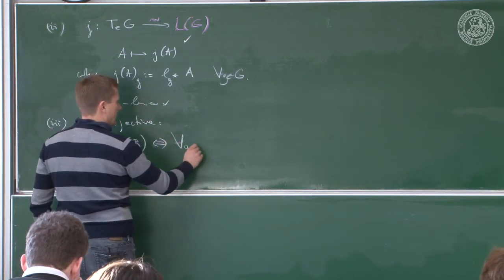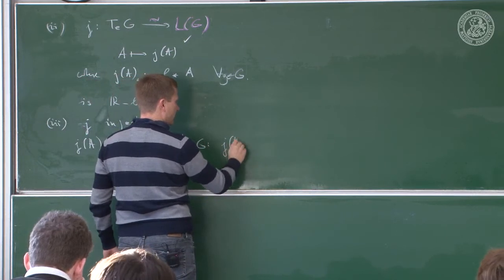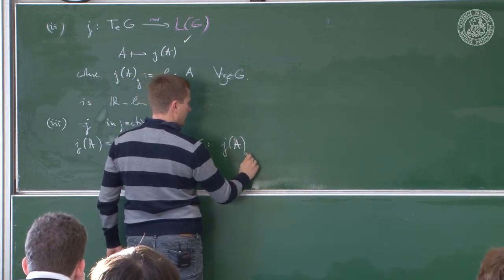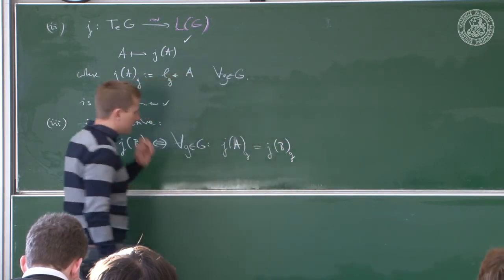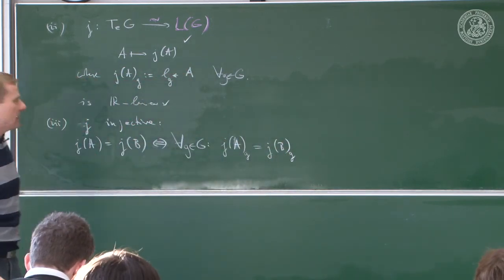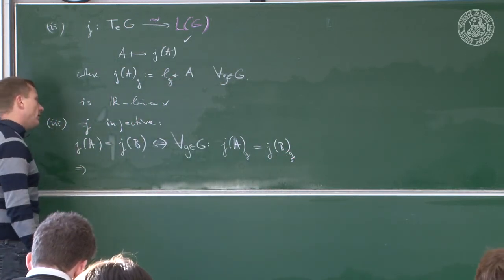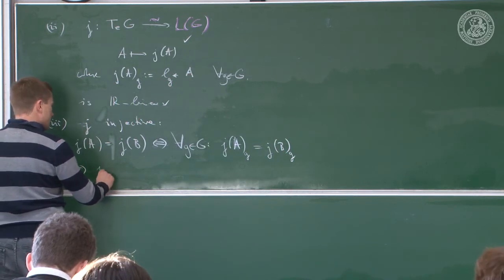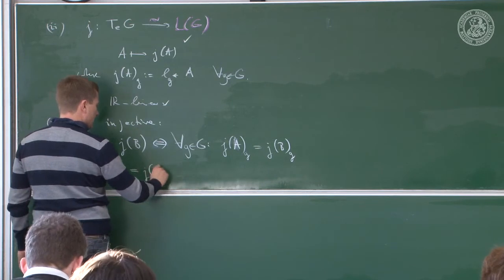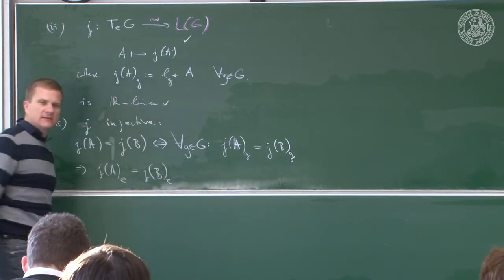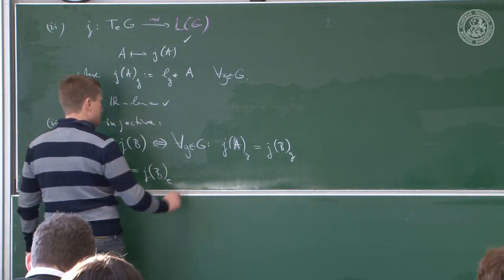Now that means that at every point of the manifold, evaluating the vector field J of A at point G must yield the same result as evaluating that vector field J of B at G. That's clear. But now it follows, and that's enough, that J of A at the identity is the J of B at the identity. If it's true everywhere, it's in particular true at the identity.